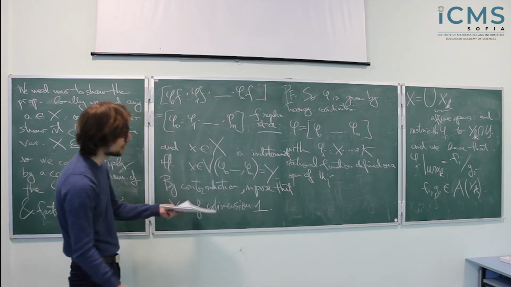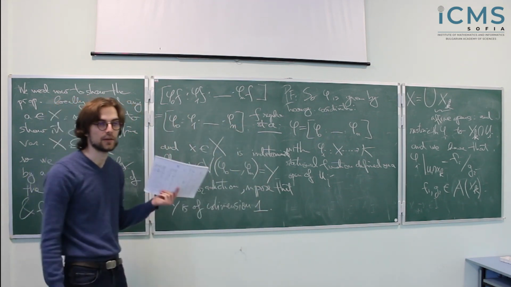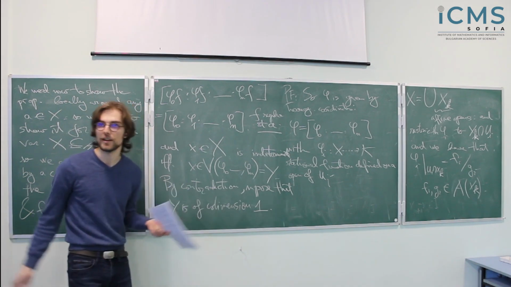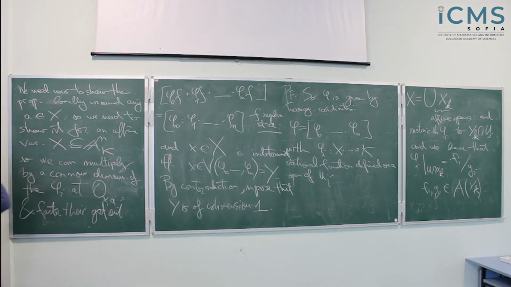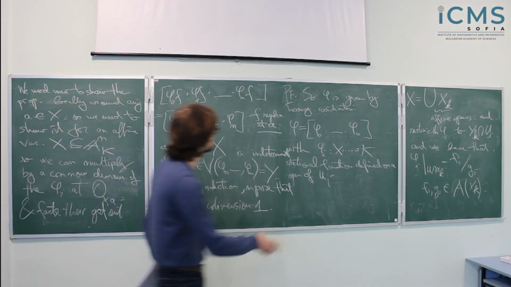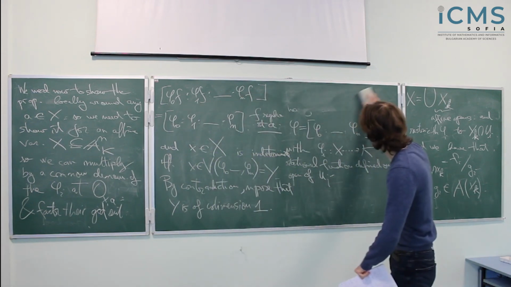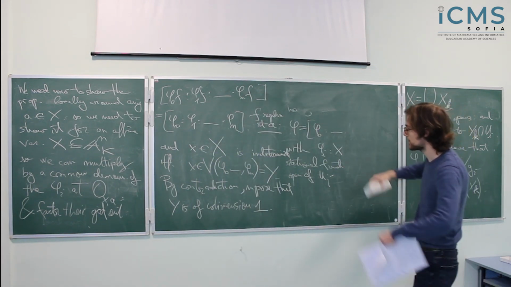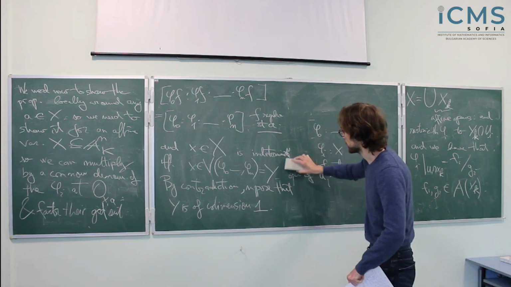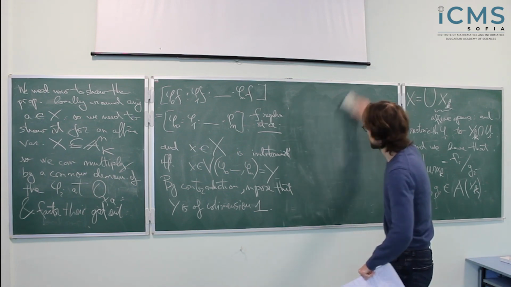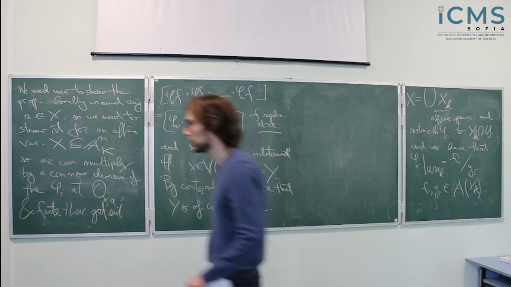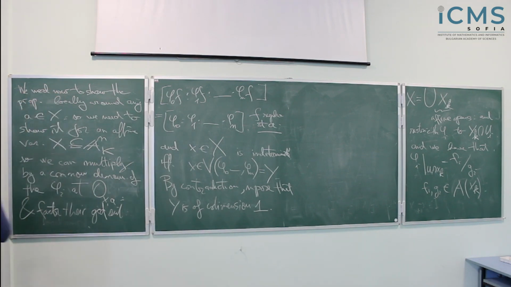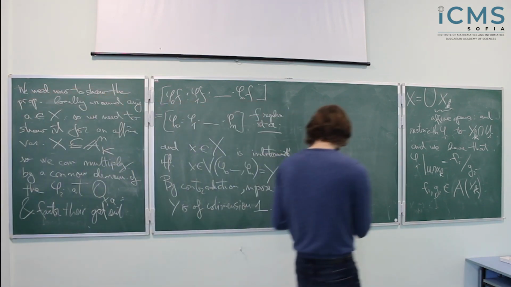If it's codimension 0, then that would mean that it's nowhere defined. That's not interesting as a morphism phi. We suppose that it has points where it is determined, so it's at least codimension 1. What happens if it is codimension 1?